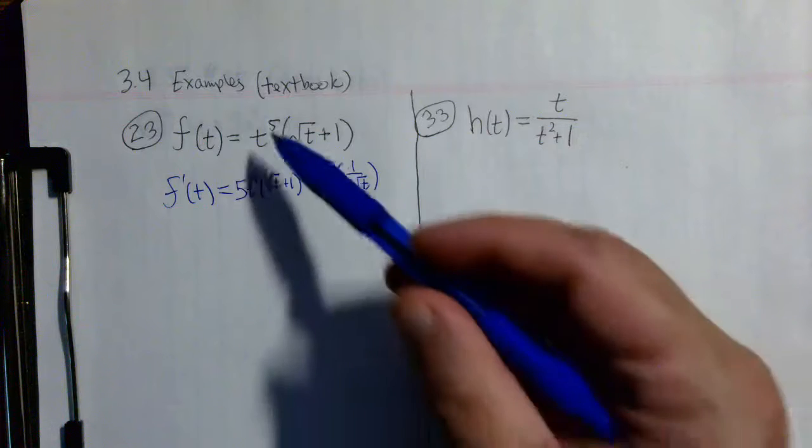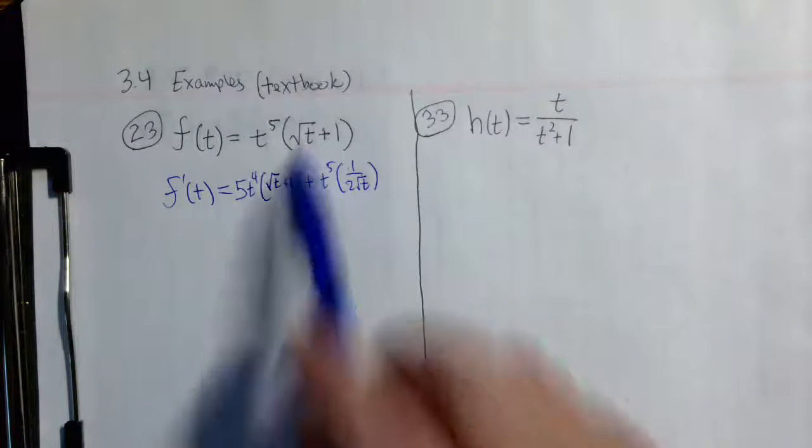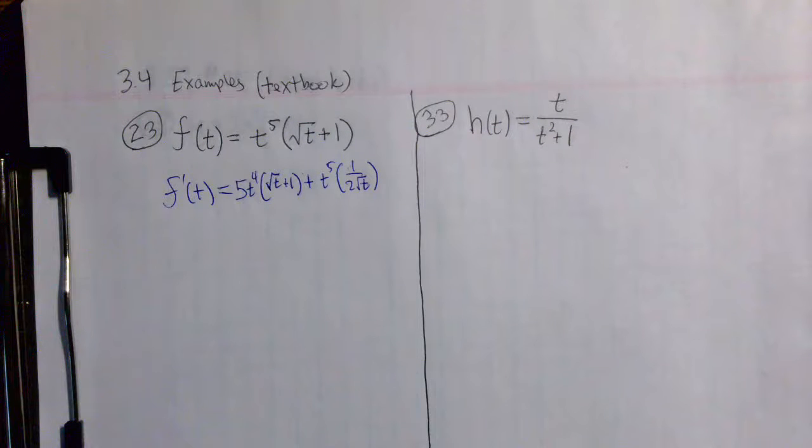Okay, when I'm taking the derivative of t to the fifth and of the square root of t, I'm using the power rule. Okay, now at this point we've taken our derivative.